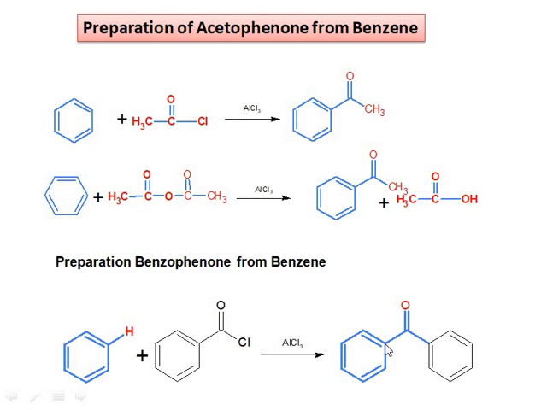HCl will be eliminated. So benzophenone is obtained as the product in the presence of aluminum trichloride. This is one of the methods to prepare benzophenone from benzene.